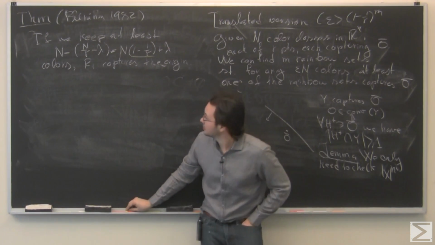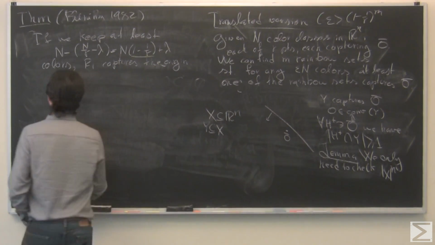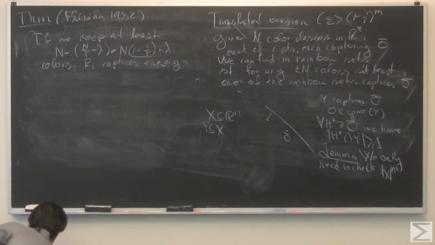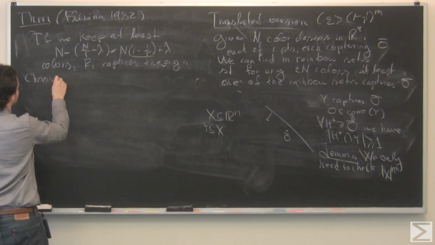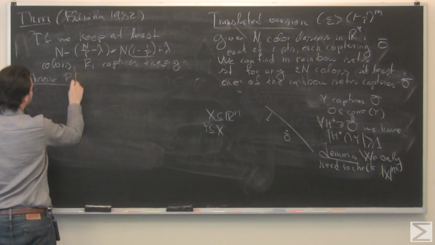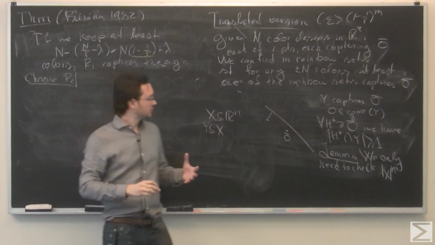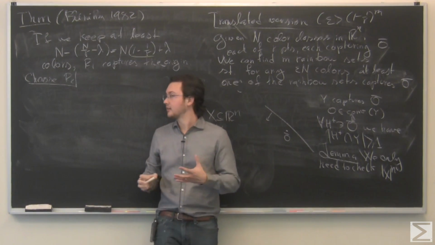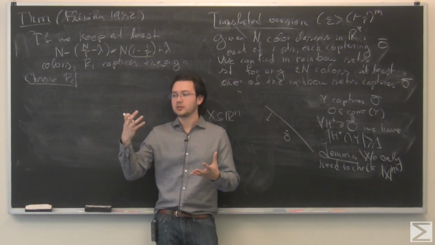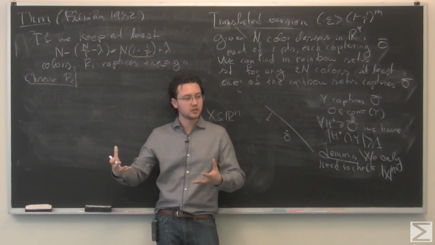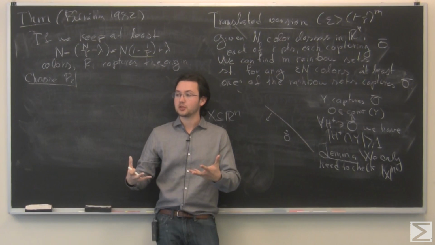To choose O2, and I'll be a bit vague about this one, I want to choose O2 so that if I take a large enough set of colors, either its restriction to O1 captures the origin, or its restriction to O2 captures the origin.